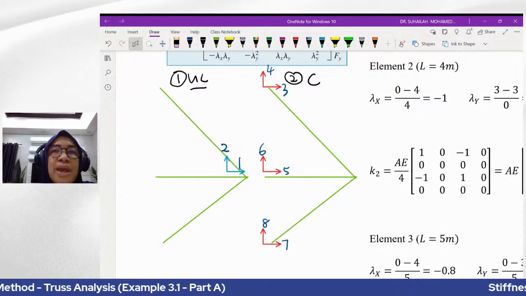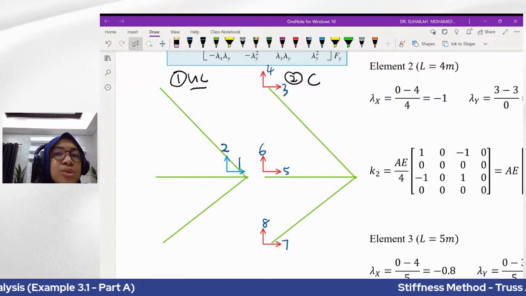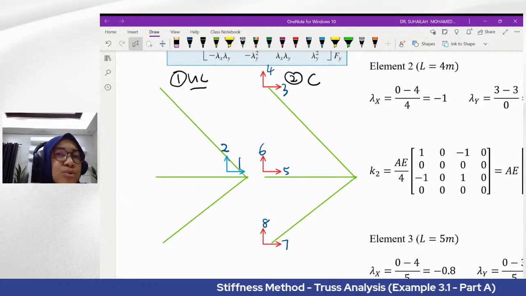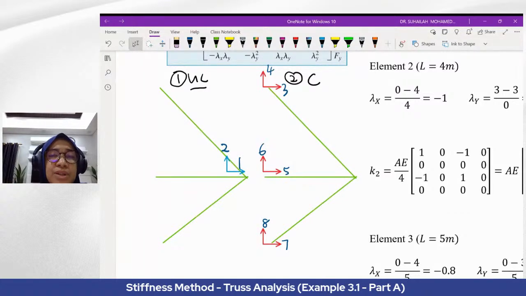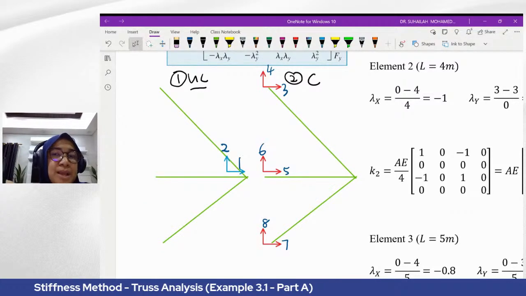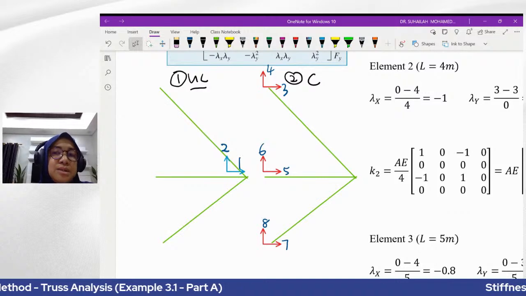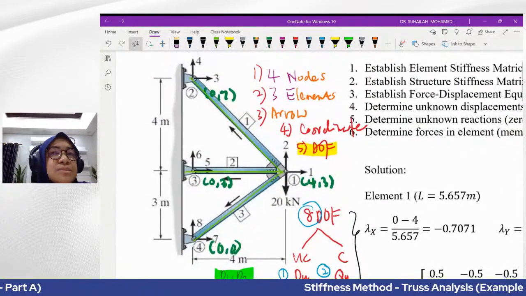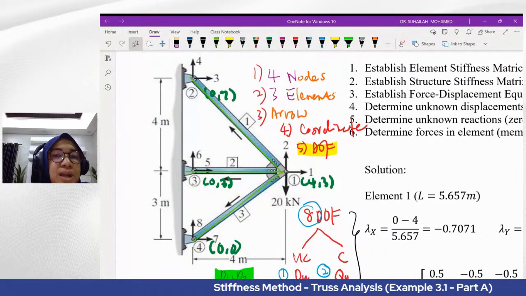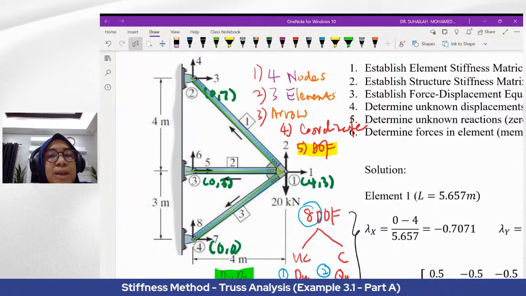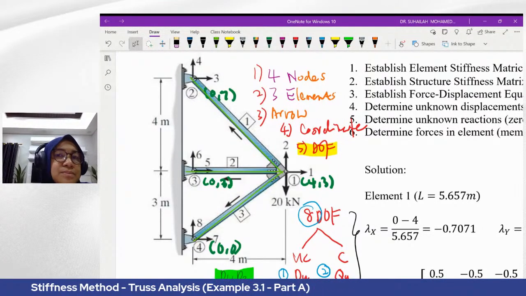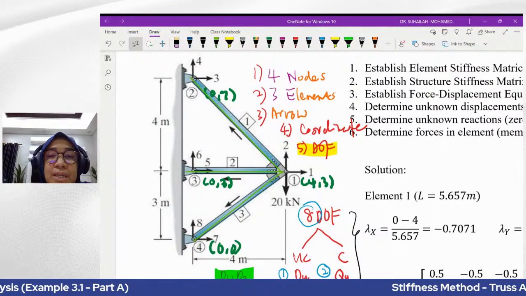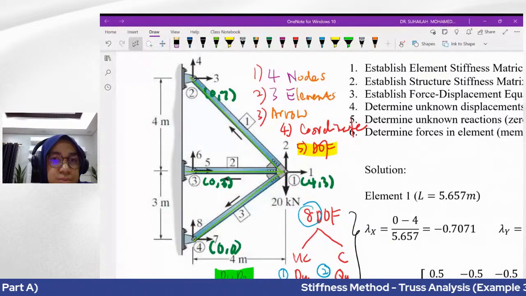So now we have labeled 1, 2 under the unconstrained system, followed by 3, 4, 5, 6, 7, 8 under the constrained system. In this diagram and in the question, the degree of freedom labels are given to you.